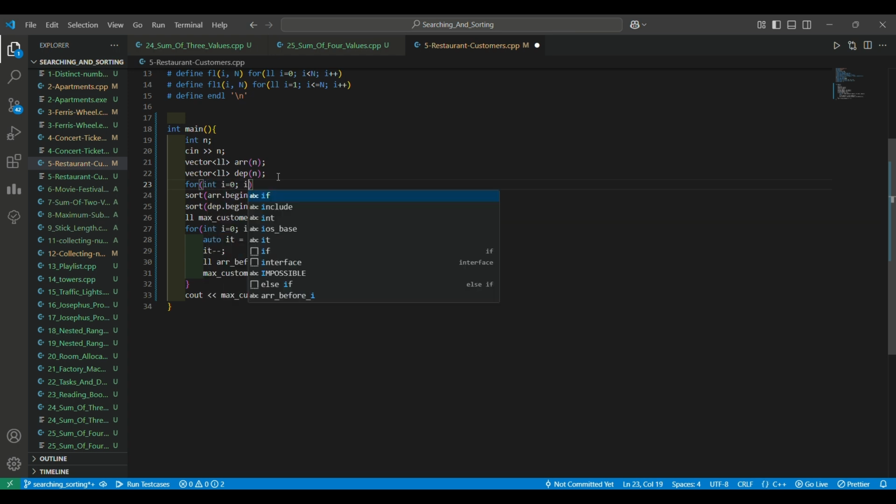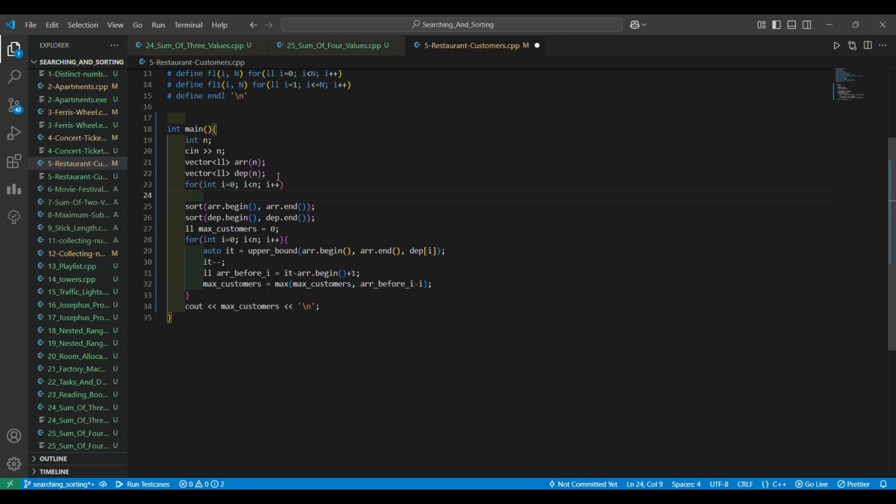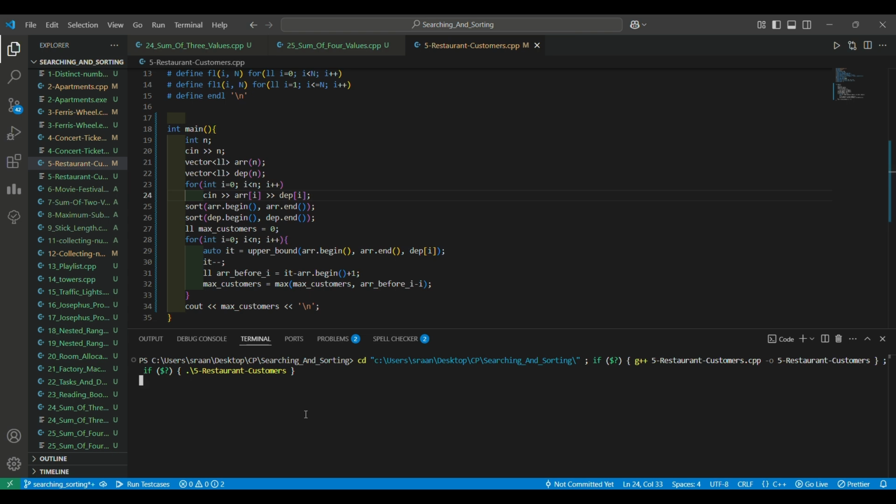For int I equals 0, I less than n, I plus plus, cin input arrival of ith customer and departure of ith customer. I hope now it works all right. Now it's working fine.